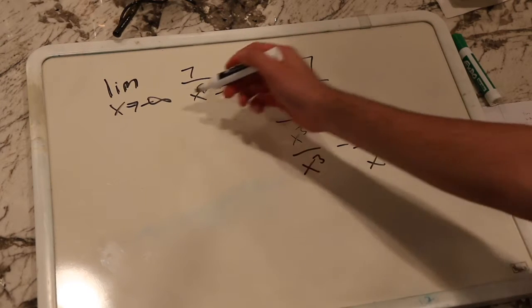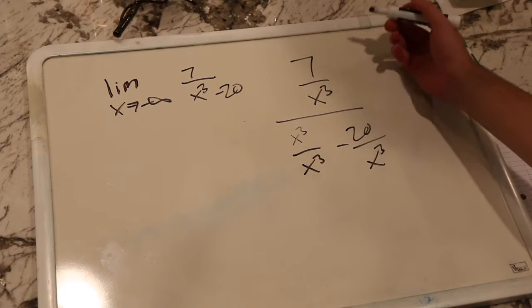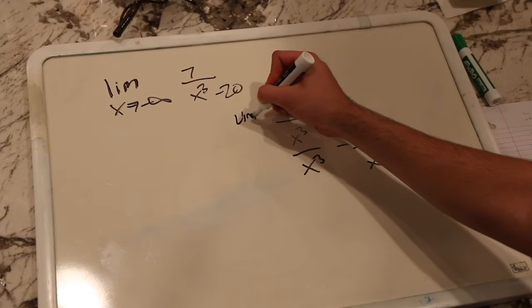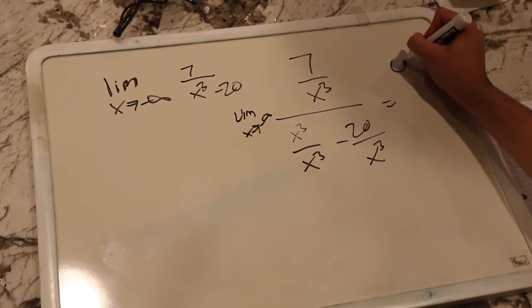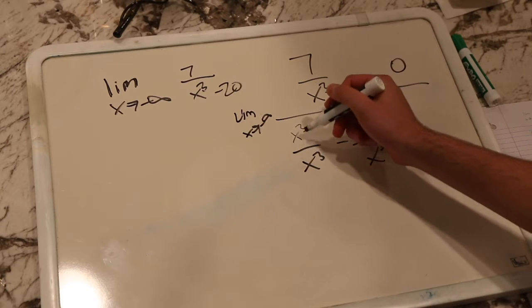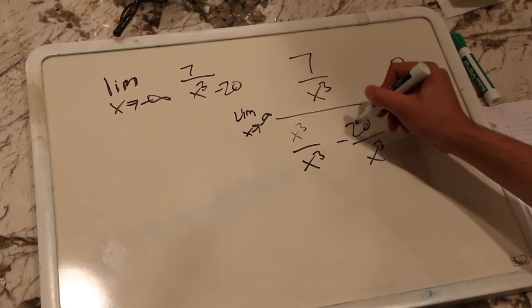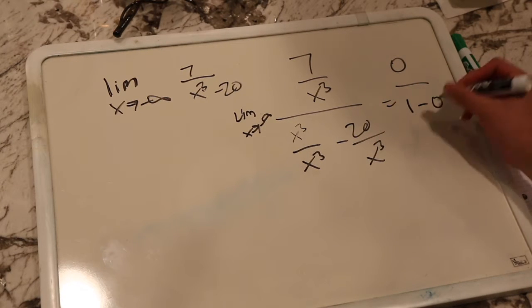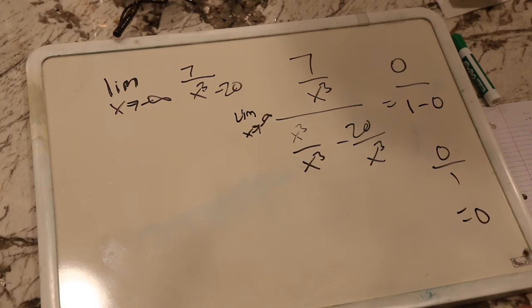So here we'd be getting 7 over a very large number, which is going to be 0. So we're going to take the limit of this. So this is going to be 0 divided by 1 minus 0, because it's a number over a really large number. So you're going to get 0 over 1, which is just going to equal 0.